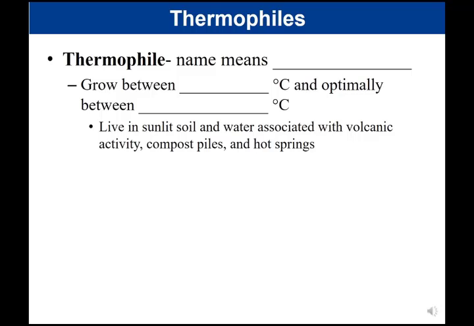If we call an organism a thermophile, the name means heat lover, right? Thermos, heat, phile is lover. These grow between typically 45 and 80, and optimally, usually between 50 to 60.